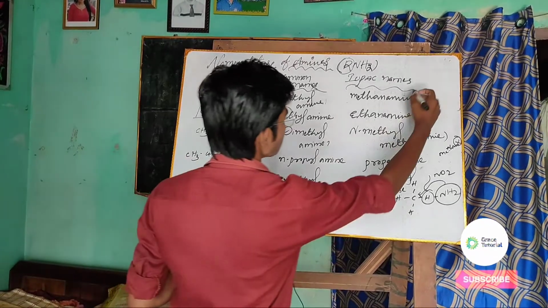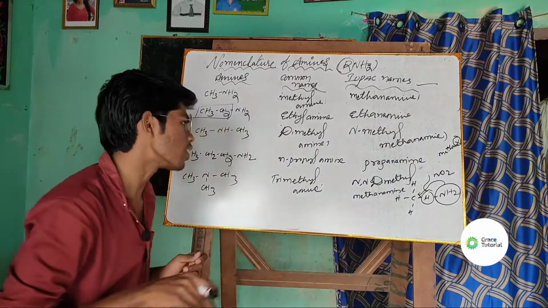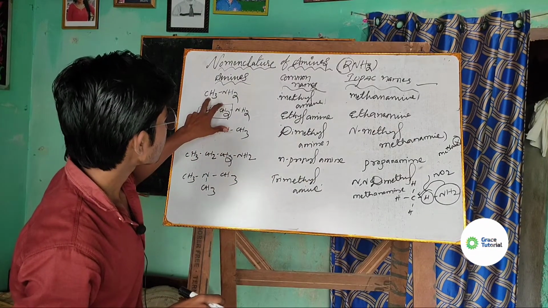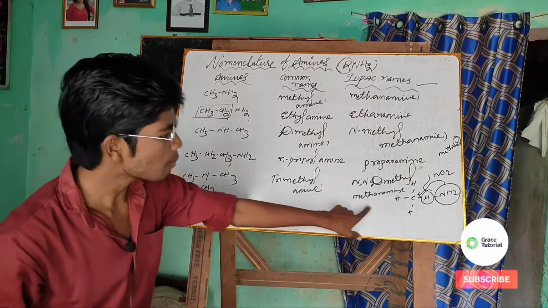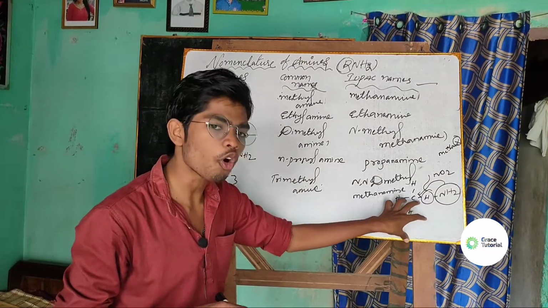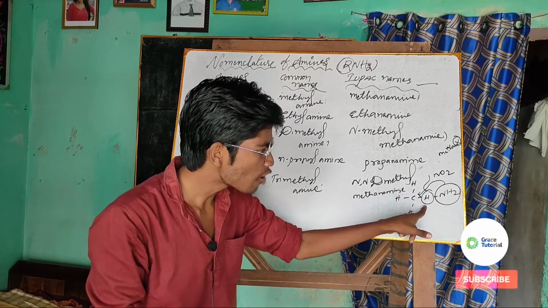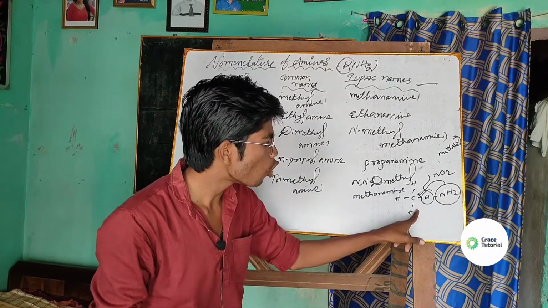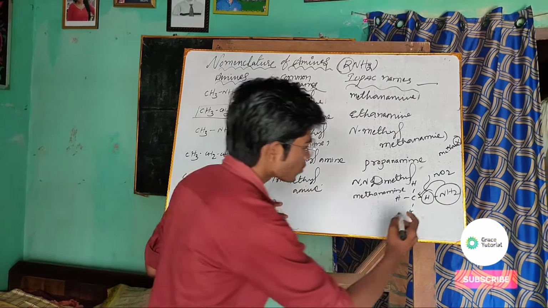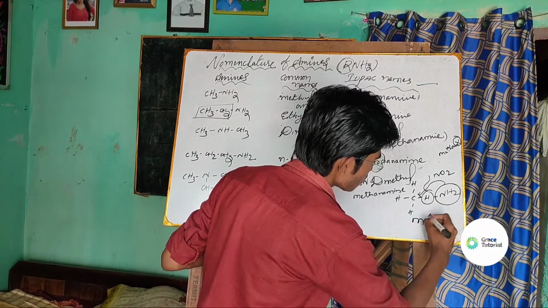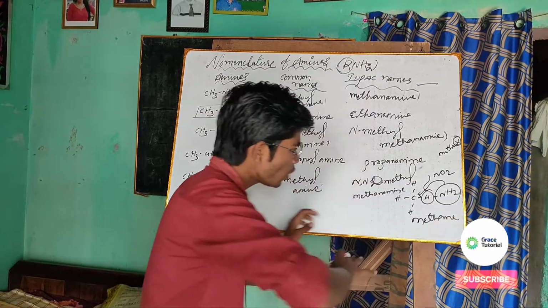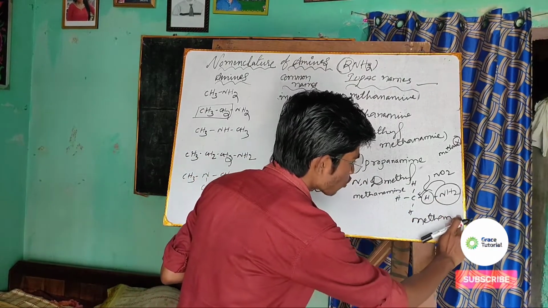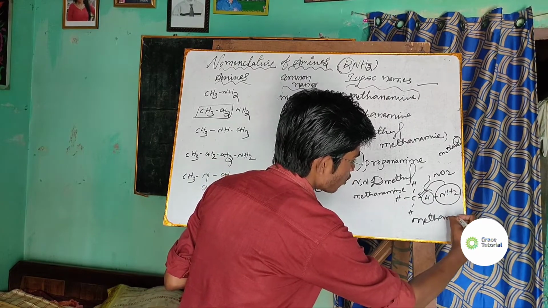The IUPAC name is very different. How? Look here: CH3NH2. Suppose the methane, CH4, is there, and one hydrogen has been replaced by one amine group. First it was methane, but when the hydrogen is replaced by this amine, the E will be removed and here it will be written amine.